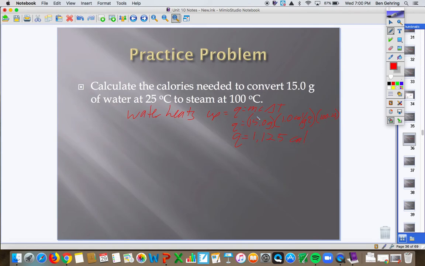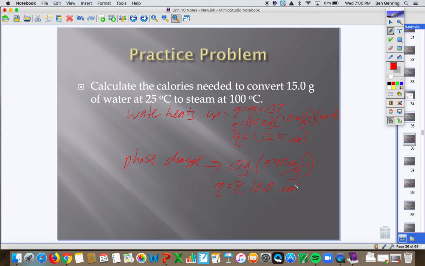Okay, now I'm converting this to steam. So then I need to know I have a phase change, which is going to include my heat of vaporization. So I have 15 grams of water, and it takes 540 calories to convert 1 gram of water into steam. So if I take 15 times 540, I should get Q equals 8,100 calories.